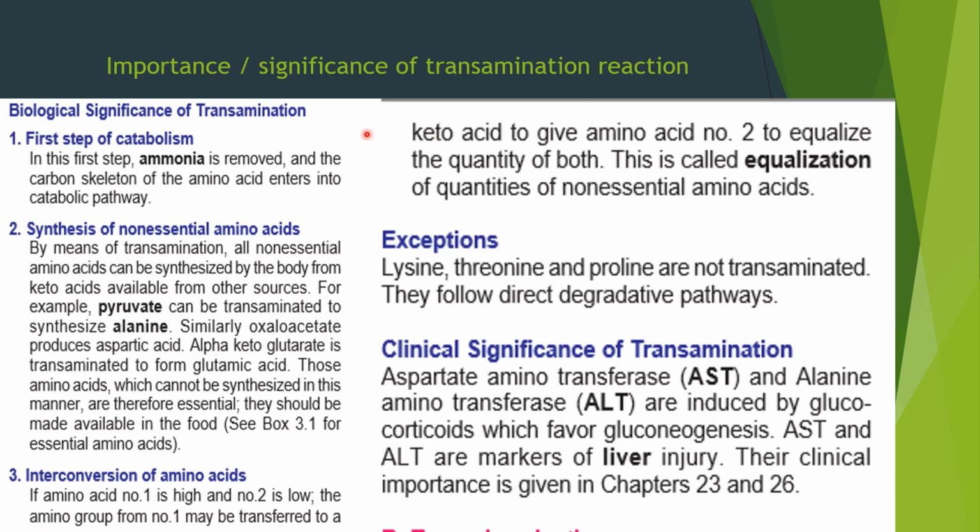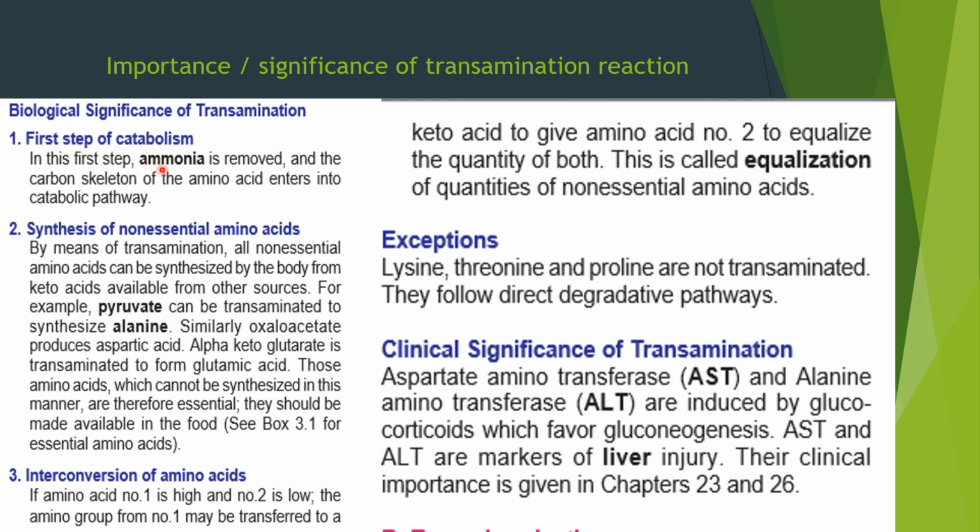Now we discuss the various biological significance of transamination reaction. For example, it is the first step of catabolism.